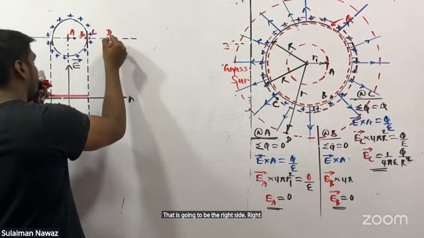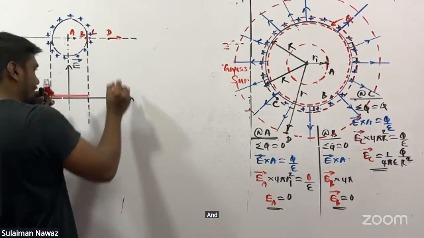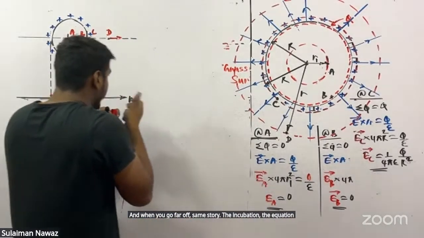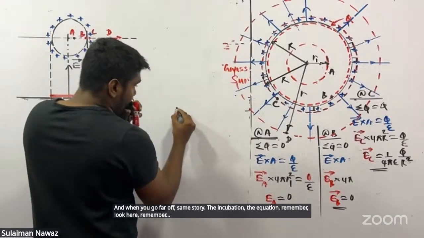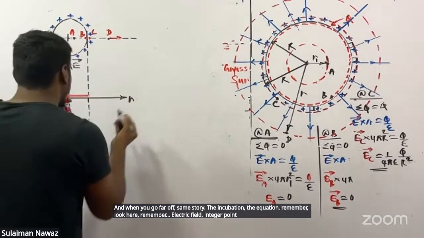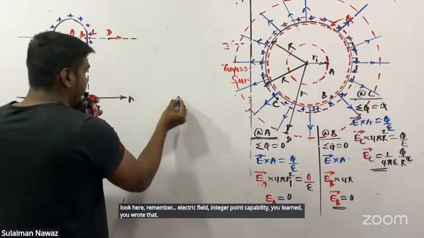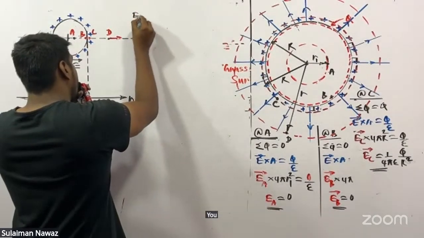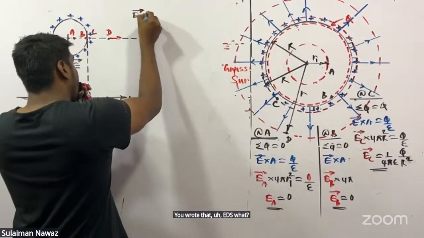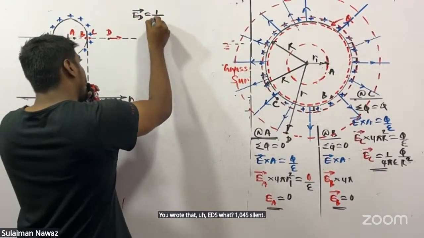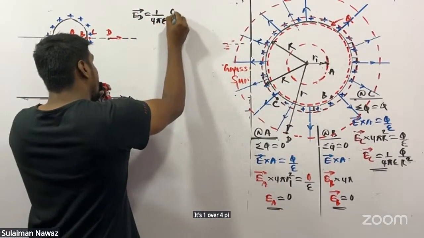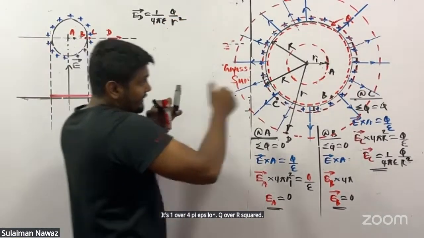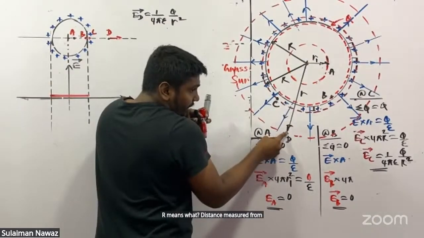And remember the equation: electric field intensity at point capital D, E_D equals 1 over 4 pi epsilon, Q over R squared. R means the distance measured from the center to point capital D.